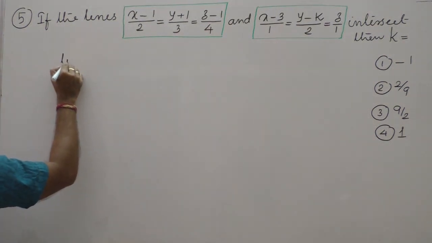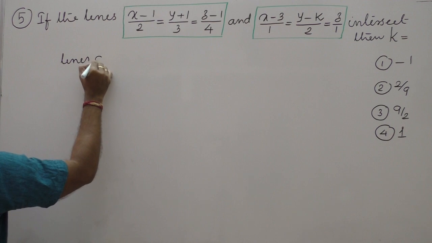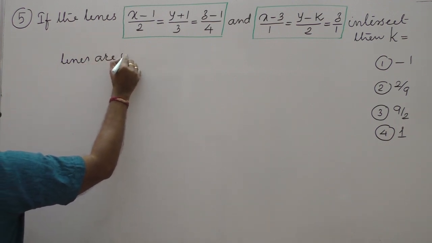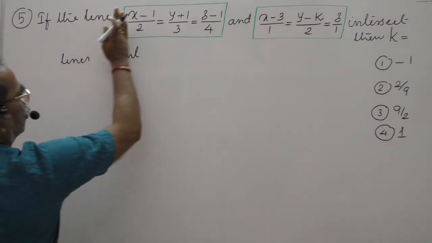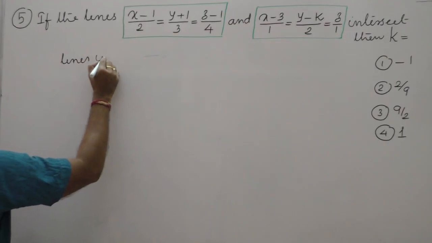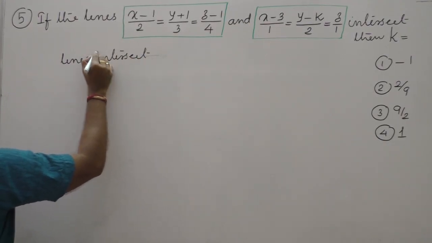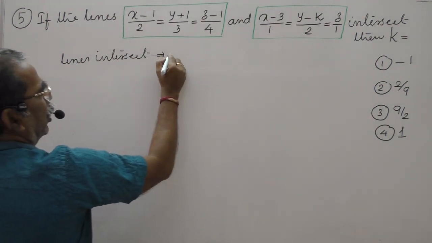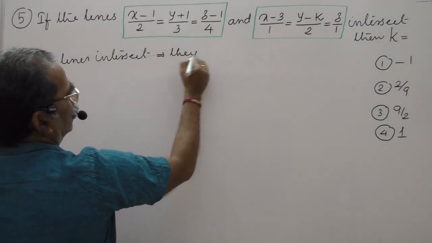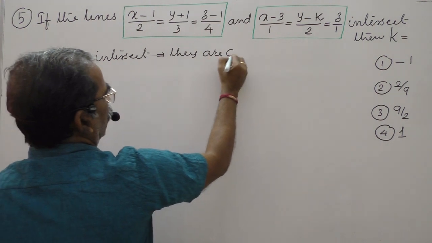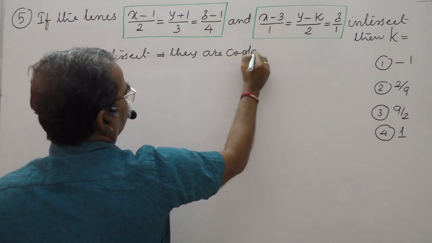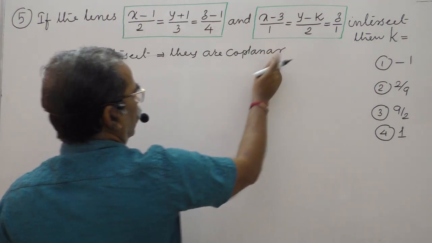Very simple. Here, given that lines are intersecting, or simply lines intersect, implies they are coplanar. This concept is important.